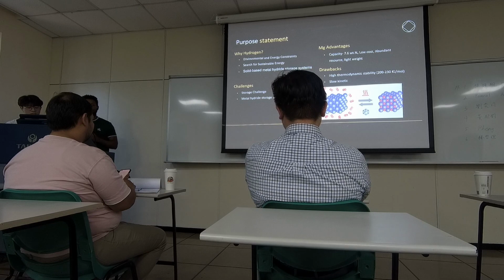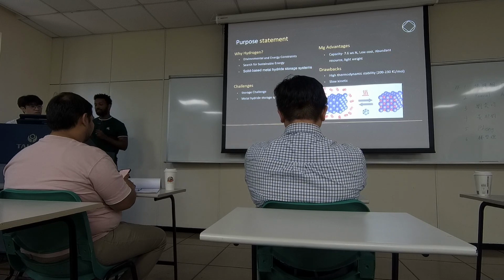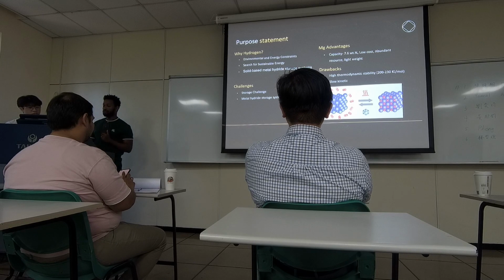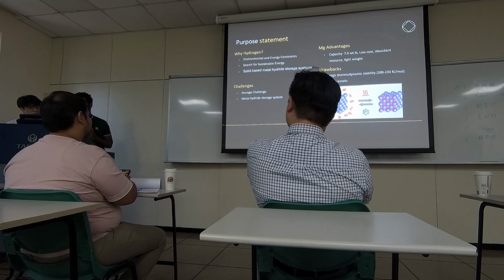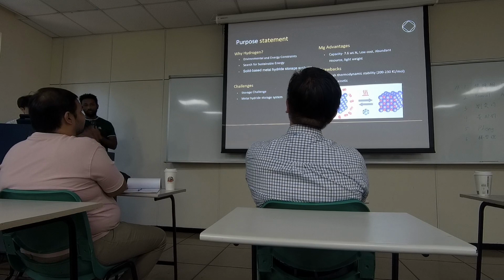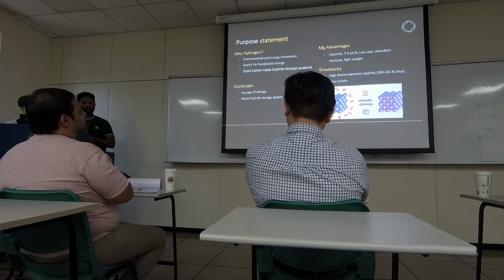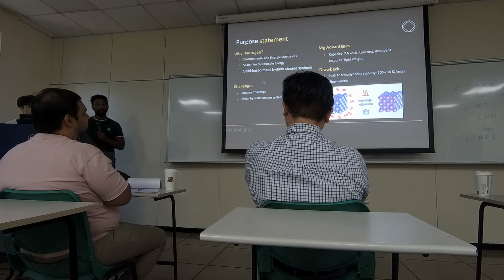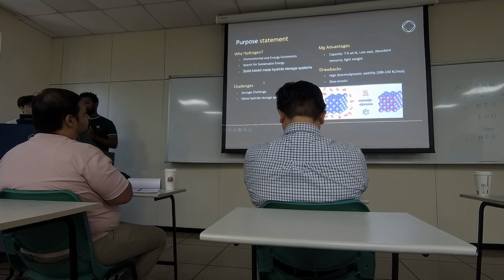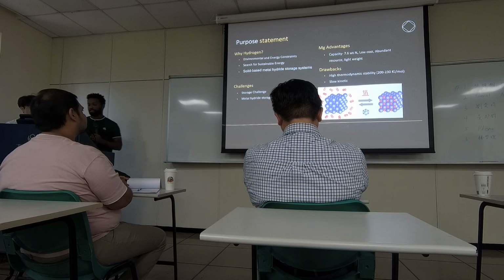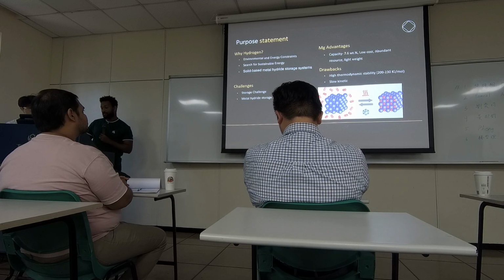Magnesium is the best choice for storing hydrogen because it has a capacity of 7.6 weight percent. It is very low cost compared to other elements, it is an abundant resource, and it is lightweight. You can embed this magnesium metal hydride into our vehicles, so our vehicles can run with electricity. It is an energy carrier.